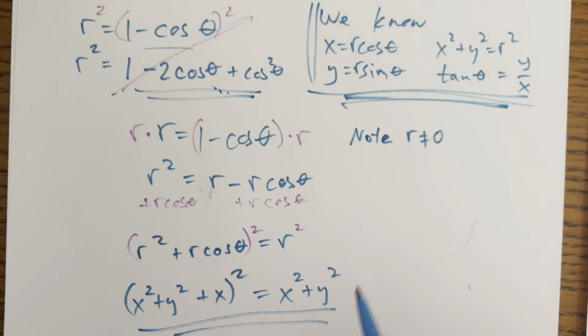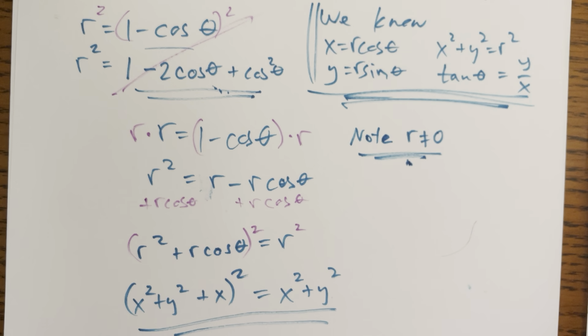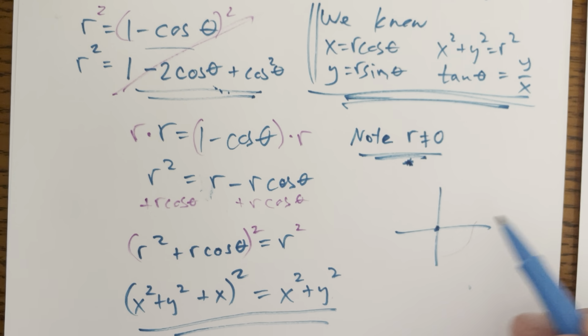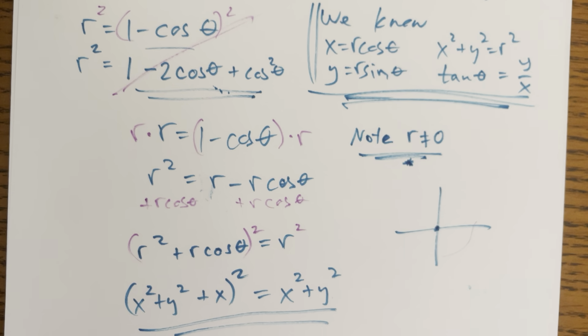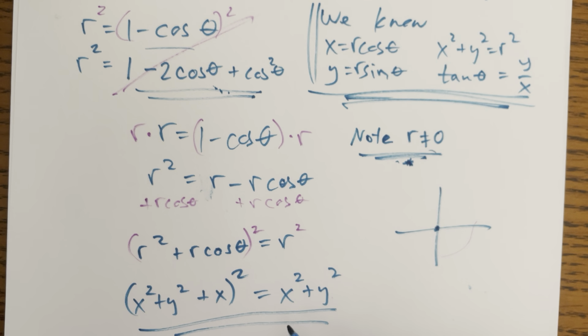We can't have r equals 0. I think we talked about this in class, right? That corresponds to a point at the origin or the pole. So that's fine. r is not 0. But the other thing we have to worry about is squaring both sides, because that might generate more things than we want.